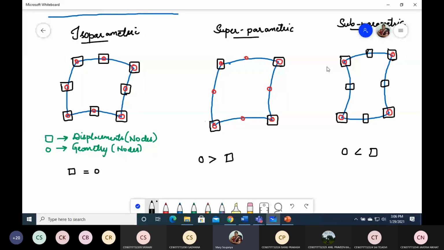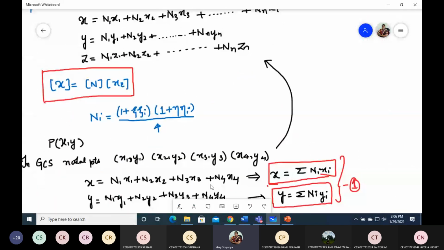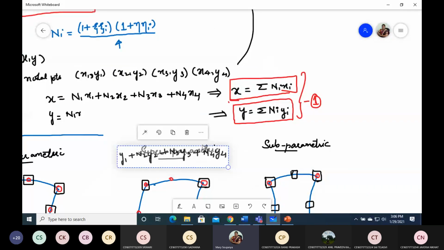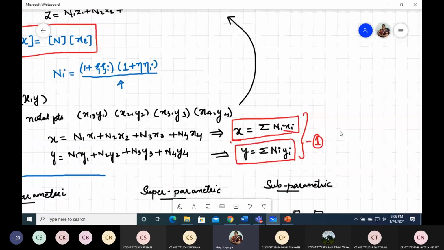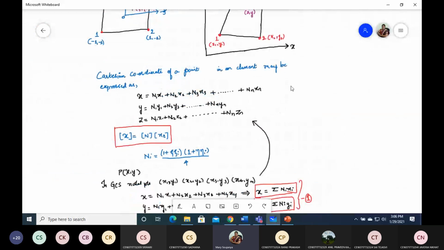Are we done with this one? Are we done until this part? Are you clear what is isoparametric, what is superparametric, and what is subparametric? Yes, ma'am. Okay, thank you. Right. If you see the figure here, we are going to talk about this figure only.